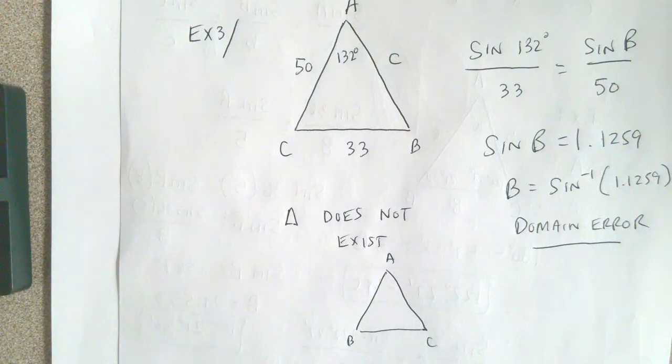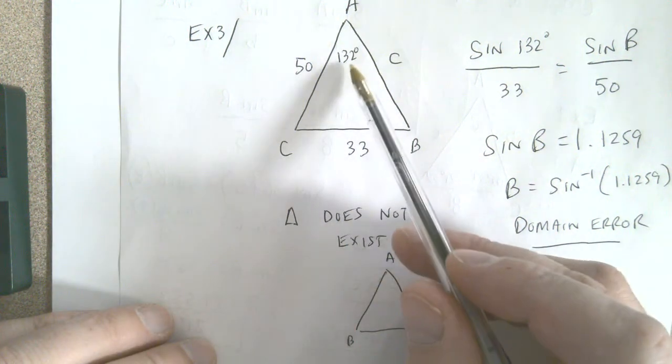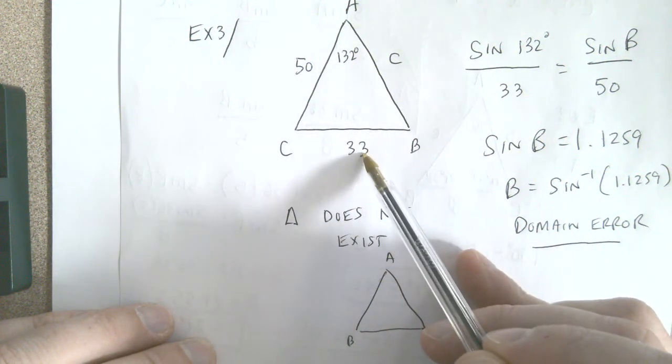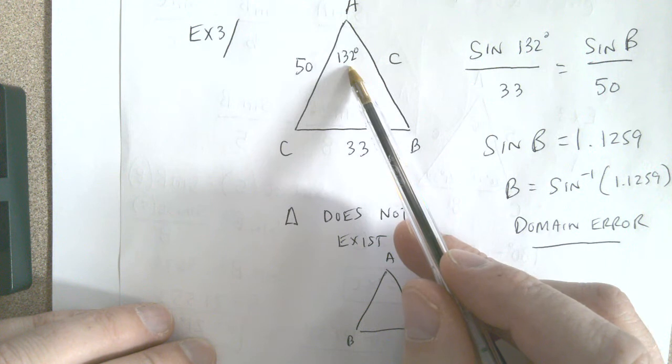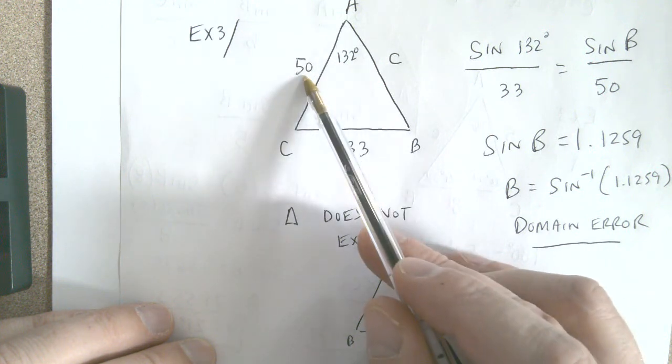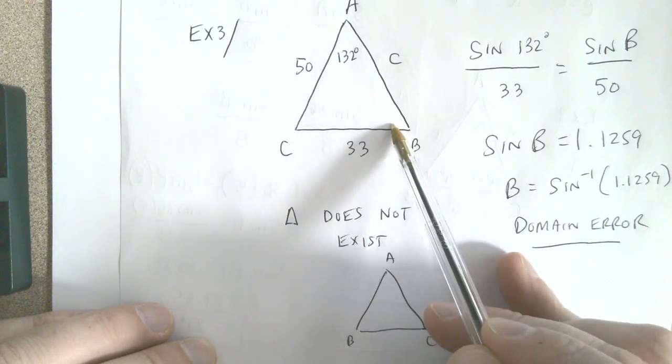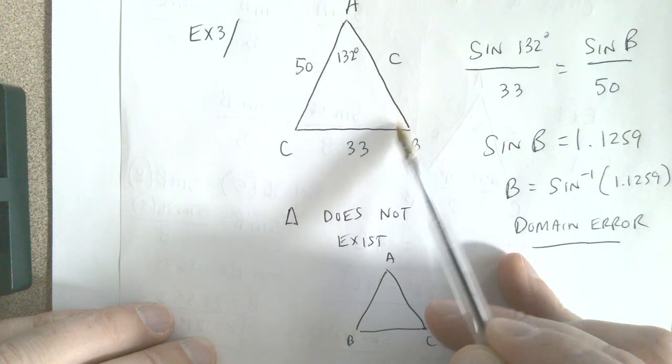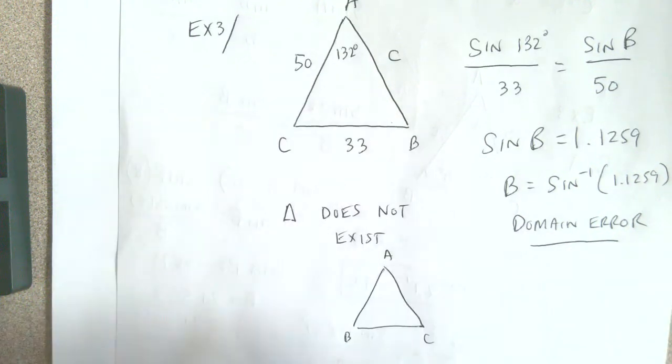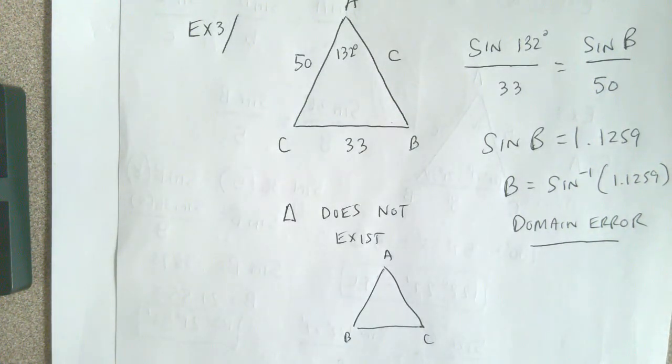Think about the angle that's across from it. Everybody agree it's the 90-degree angle? So the side opposite the biggest angle is always going to be the longest side. So you can kind of see in the one we just did, 33 is across from 132. And if this side is 50, then this angle here has to be bigger than 132. And we know that it's not possible for all three of the angles to add up to more than 180.